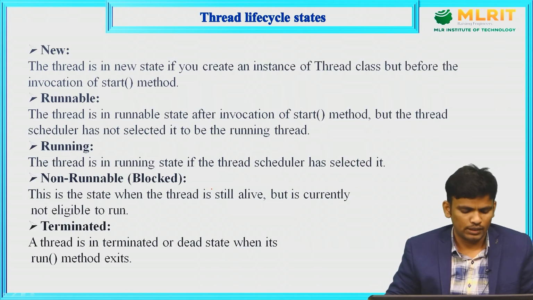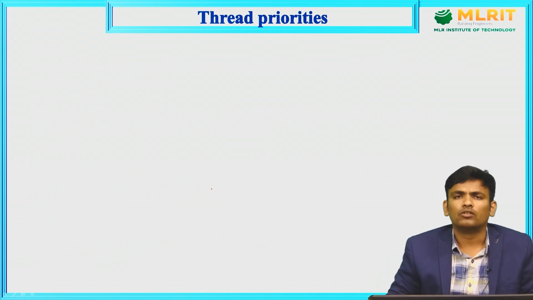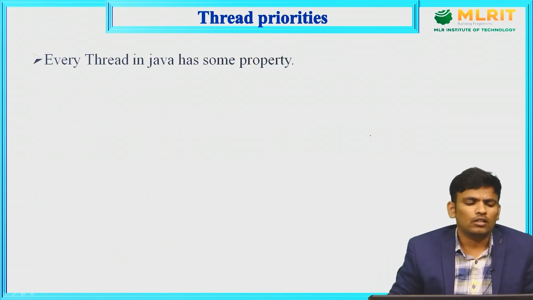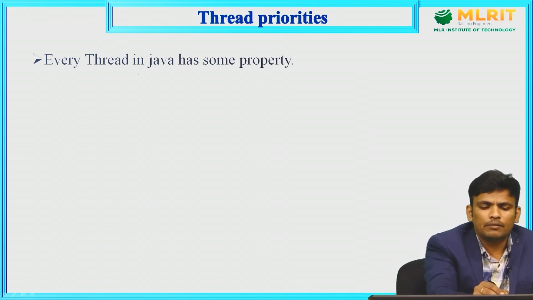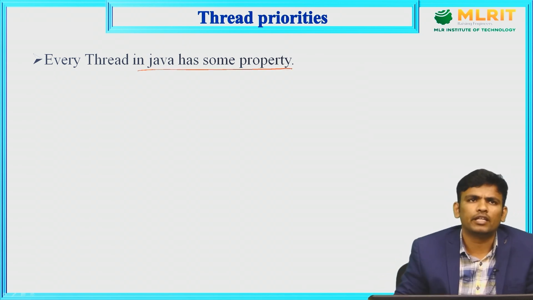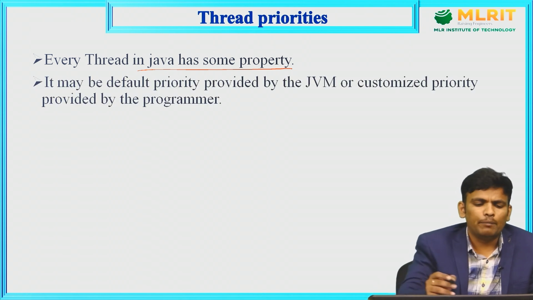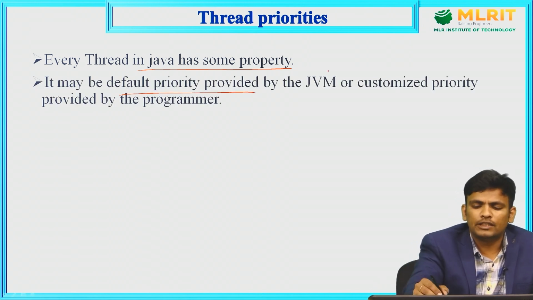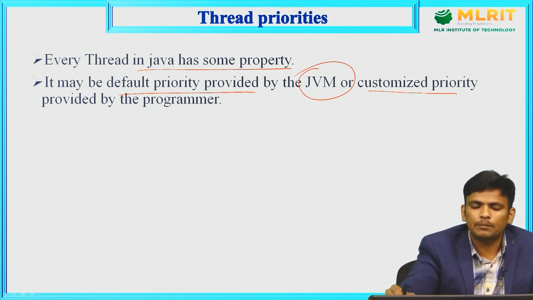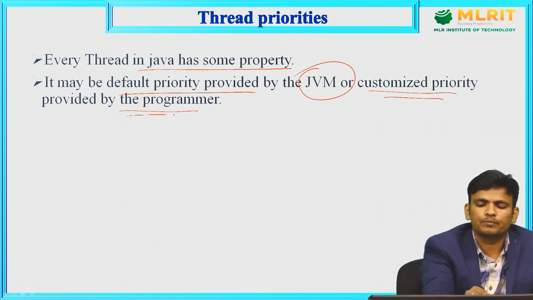On the same points I just discussed. Now, coming to thread priorities. Every thread in Java has some priority. It may be the default priority provided by the JVM or a customized priority provided by the programmer.